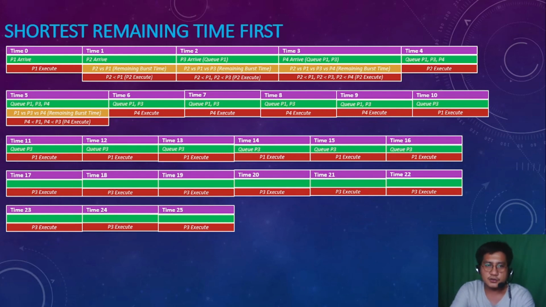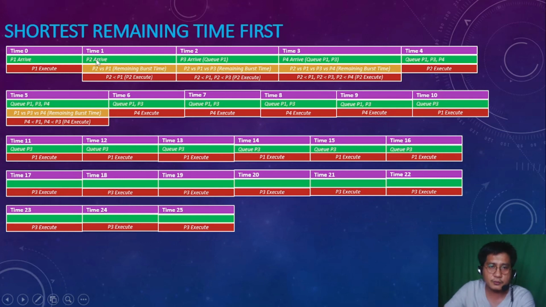Now for the shortest remaining time first, since P1 arrived at time 0, it will be executed at time 0. At around time 1, as you can see here, process 2 has arrived in the ready queue.